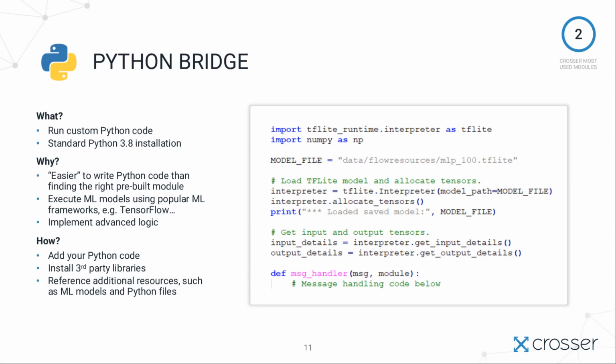Because we think that a lot of our customers know Python, so they know how to write Python code. And when you're new to this tool, you don't really have all the knowledge of the available modules in the library and what they can do. It's a lot easier to just write a few lines of Python code to do what you want.